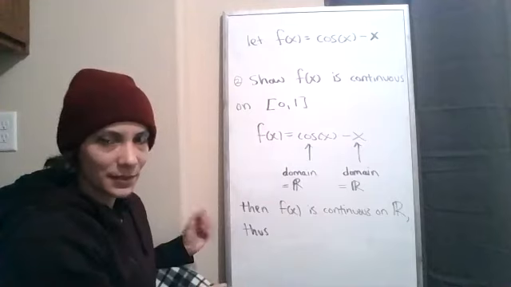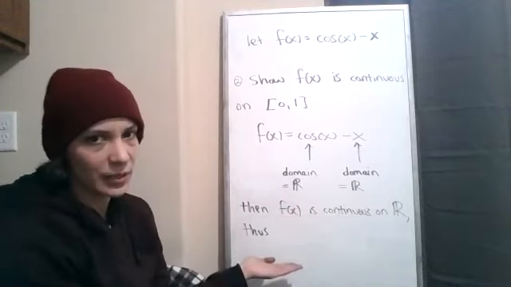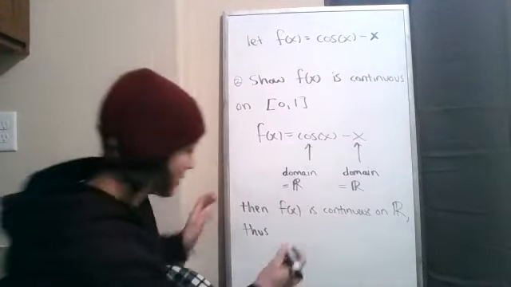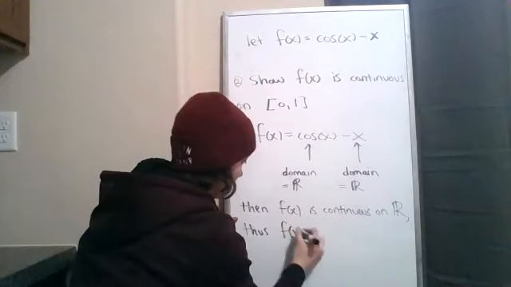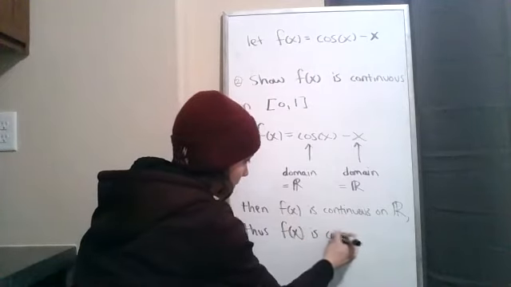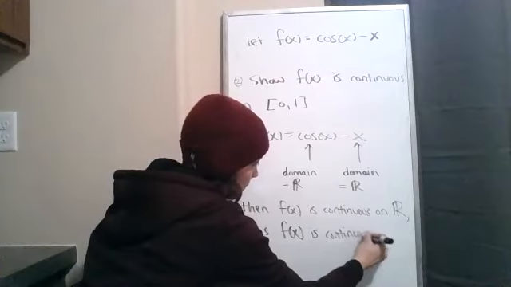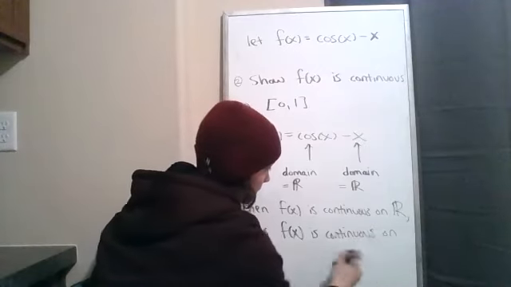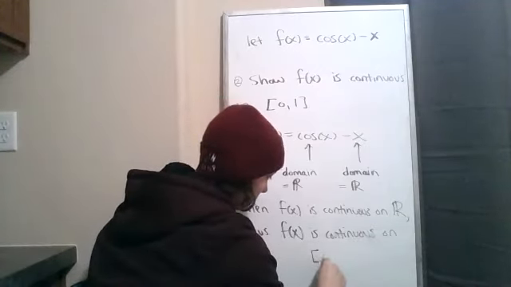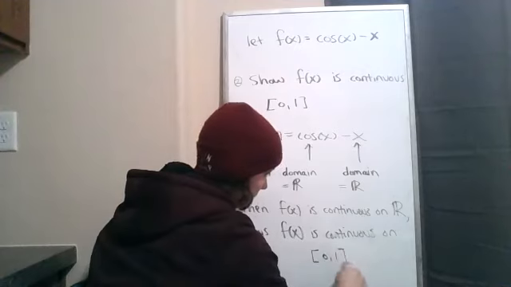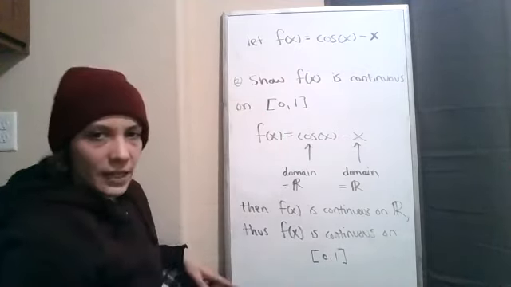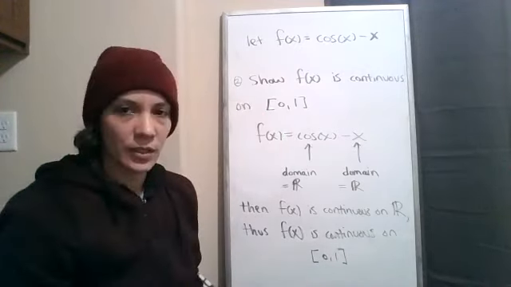Thus, if it's continuous on R, it's going to be continuous on the interval from 0 to 1. So we've got that our function is continuous on 0 to 1.